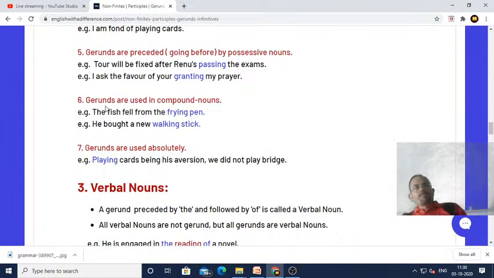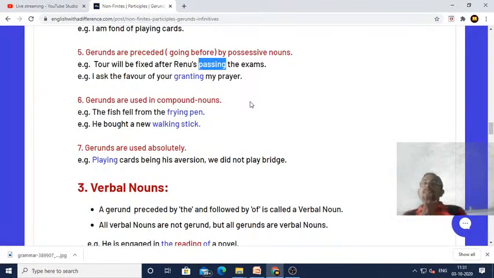For example, tour will be fixed after Renu's passing the exam. Passing is used after Renu's, which is a possessive noun, therefore passing can also be called a gerund.